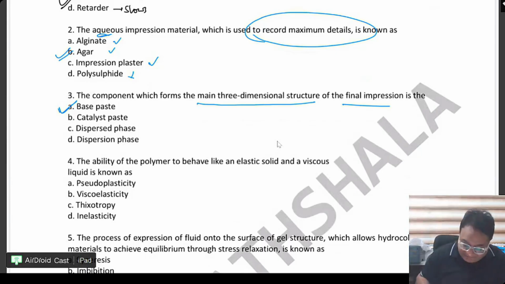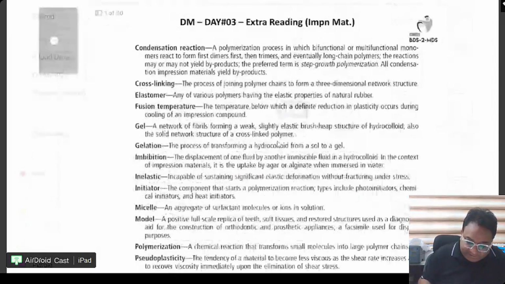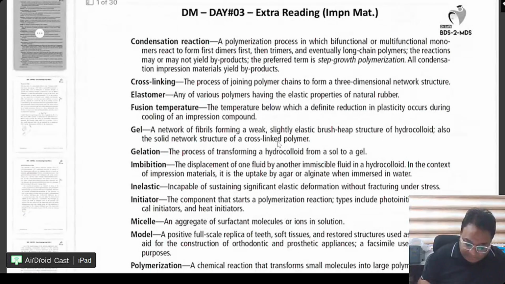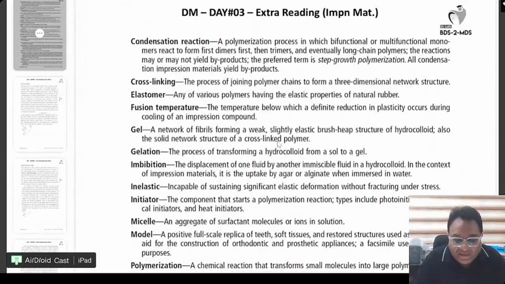Because this part I never covered in the lecture, and it's good you have read it, but I am giving it to you today in your extra reading part. Okay, see this. I was making this and then I obliterated the base because it's starting from C. This is a screenshot of Phillips only. I didn't include base because I knew the question is there.